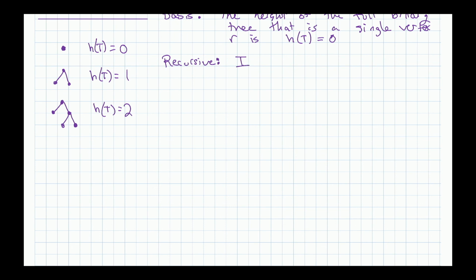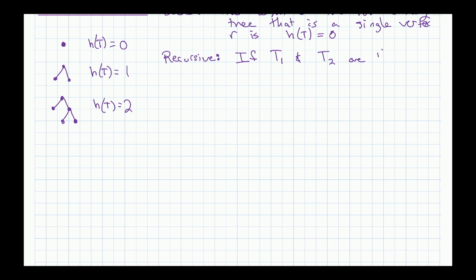So if T1 and T2 are full binary trees, then the full binary tree, we know how to combine them. You write it T1 dot T2.